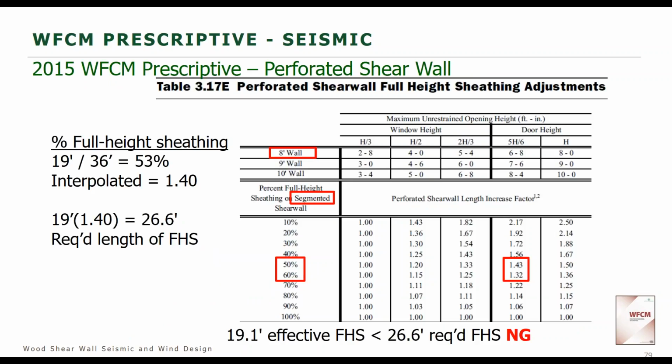Now, from here on out, the process is the same as what Lori went through. So I'm going to skip through this, knowing that it's the same process, although we're dealing with seismic loads, so there's no difference between the process. The one thing I want to reiterate about these sheathing adjustments for perforated shear walls: these tables are based on the largest size opening.